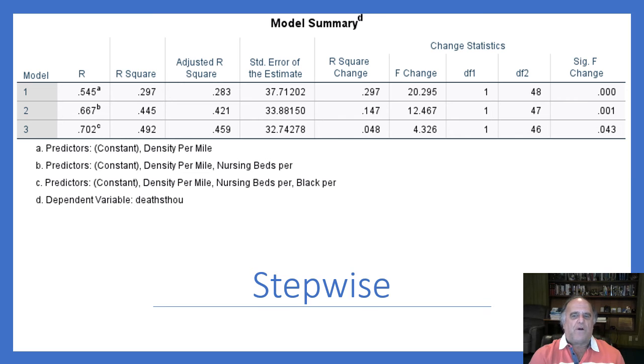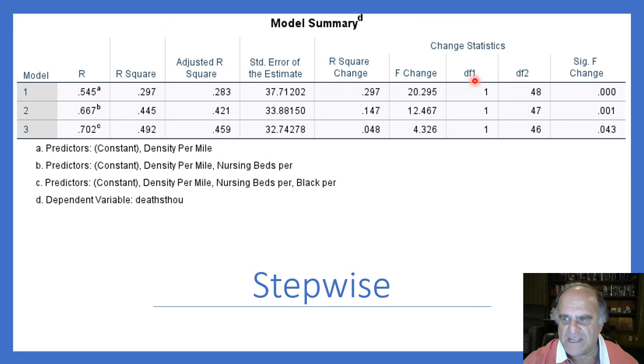If we move forward, now what I've done instead is a stepwise regression. So, we talked about stepwise regression. Here, I've done a stepwise regression, and you can see what SPSS does. It's going to enter in the most highly correlated variable at each step. So it goes through and says, well, at step 1, the most highly correlated variable is density per mile.